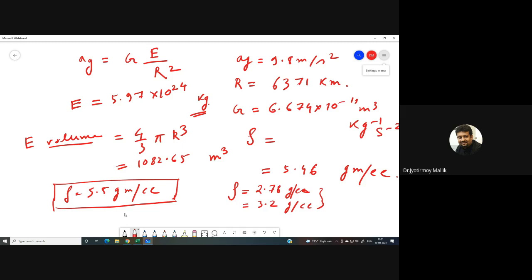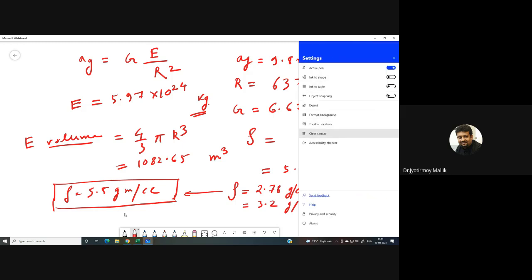Why is this difference? It's almost double, right? So what does that indicate? Sir, that would mean that the other constituents or maybe the inner layers are much more dense. Absolutely. They are heavier, okay?